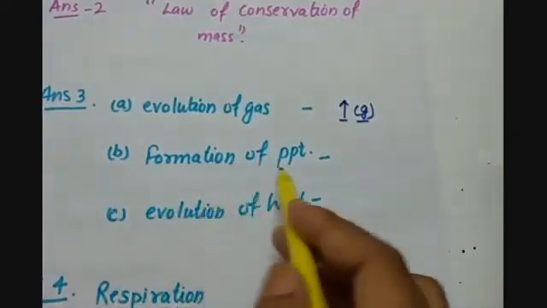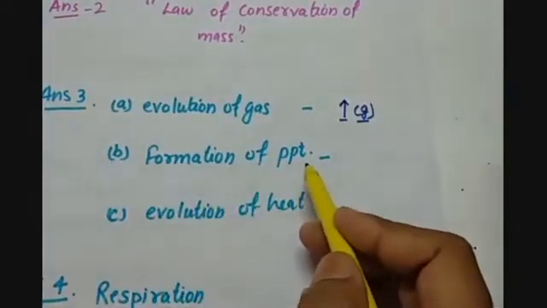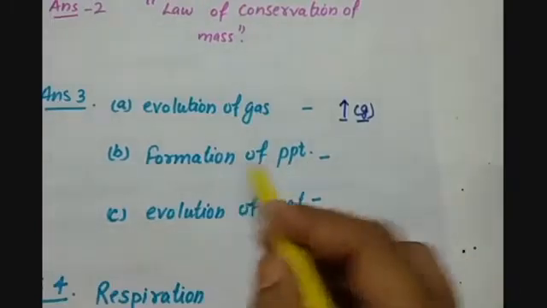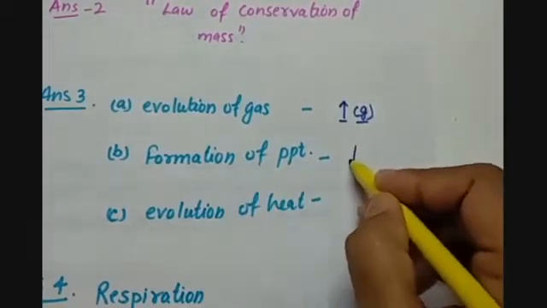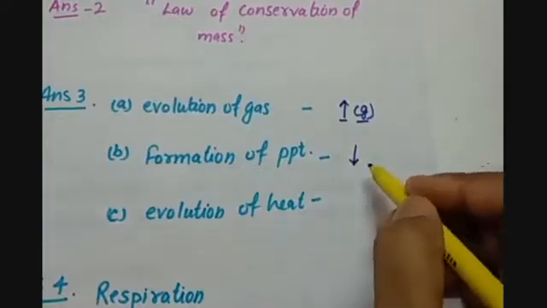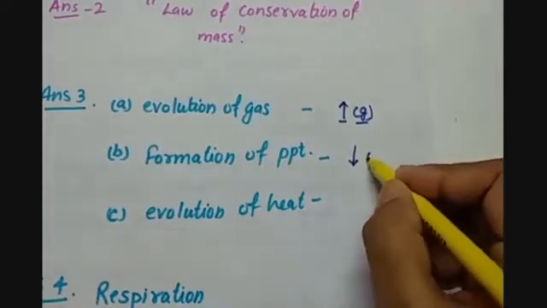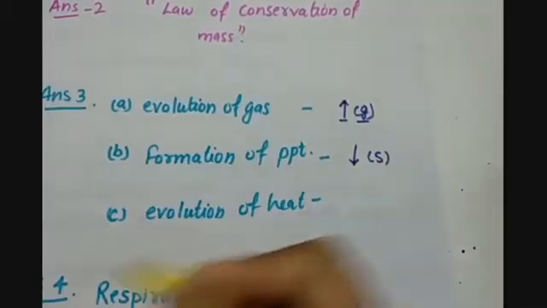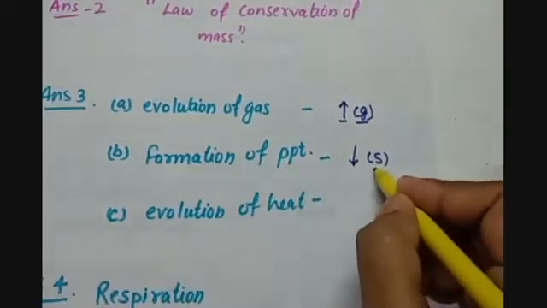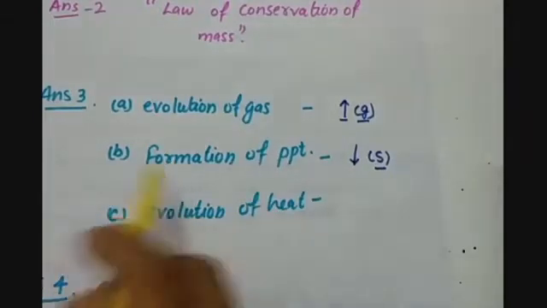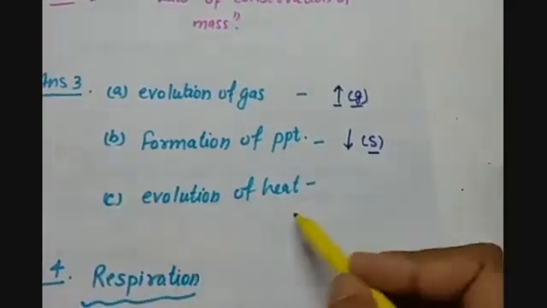B. Formation of precipitate. A precipitate is basically an insoluble product formed. So this can be either an arrow in the downward direction, or we can also write s in brackets. This will tell us that this is a solid substance formed in the reaction. Then evolution of heat.